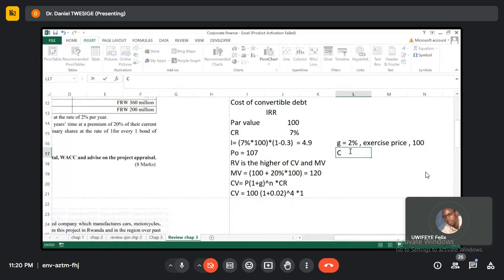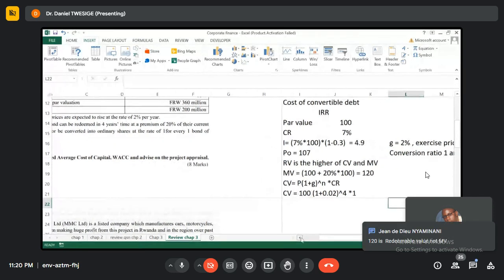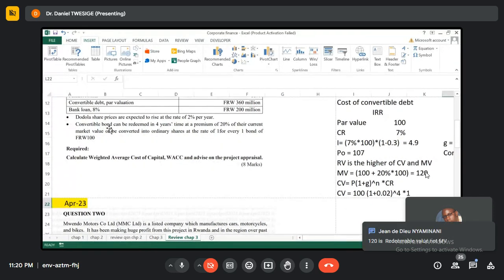Our conversion ratio is 1, and N is 4. Someone is asking, where am I getting this? I think we read the question. The bond is going to be redeemed in 4 years. Are you seeing it? Yes.